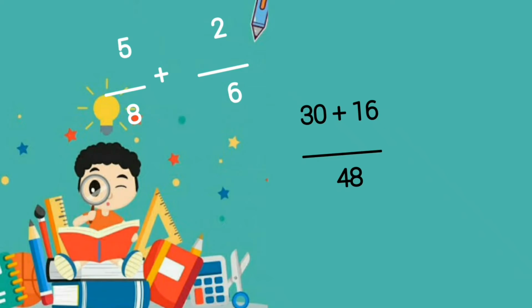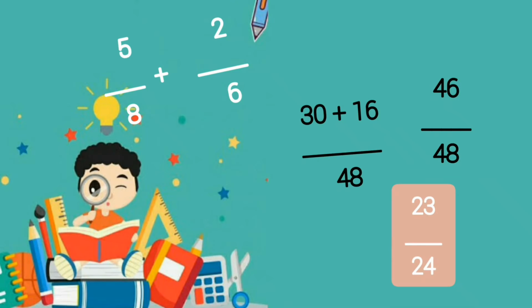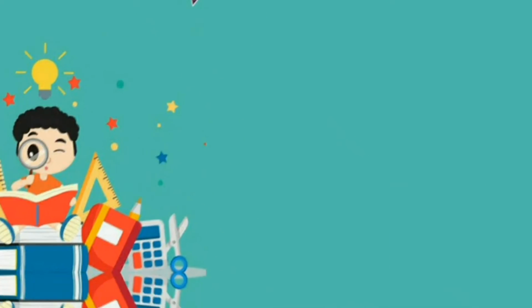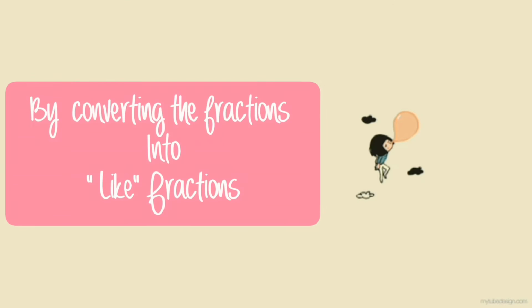This is the LCM of these two fractions. Then we just add these numbers and find the simplest form of this fraction, that is 23 by 24.